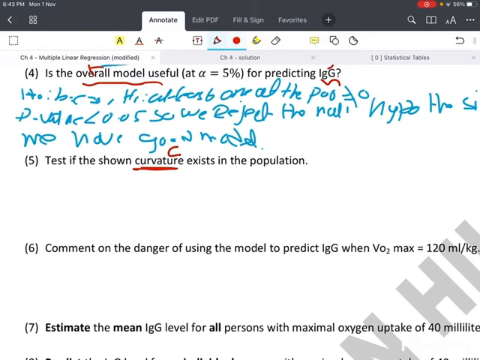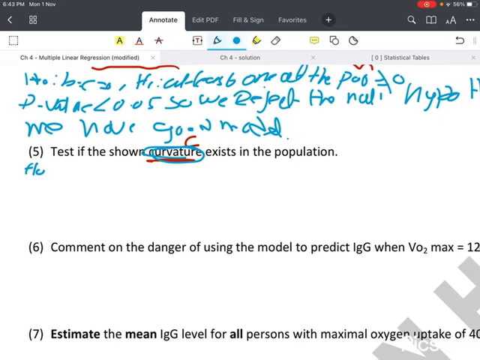The hypothesis will be H not. How do you know it is for C? Test if the shown curvature. Which parameter makes the curve? It is C. We said that A and B are not important already. H not: C equal to 0. H1: C not equal to 0.